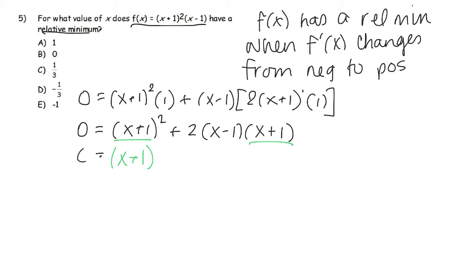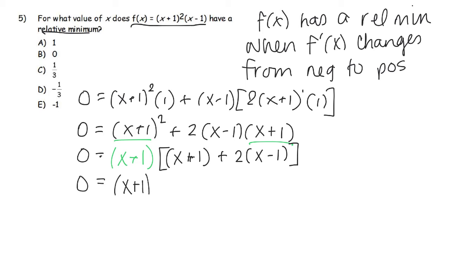On the inside, I have x plus 1 left from the first term, plus, from the second, 2 times x minus 1. So 0 equals x plus 1 times, x plus 2x is 3x, and positive 1, negative 2, so minus 1.